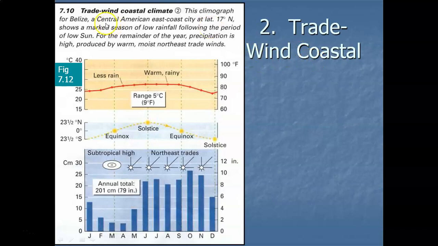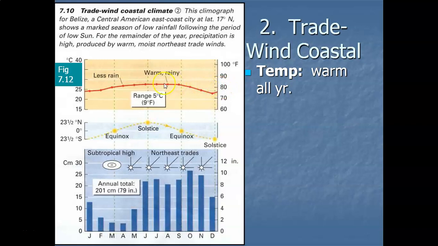All right, and for our representative location, we're in Central America, in the country of Belize City, and so this is going to be our representative weather station for this entire climate. All right, so we're in the tropics. The trade winds are in the tropics, and so again, throughout the year, it's warm.